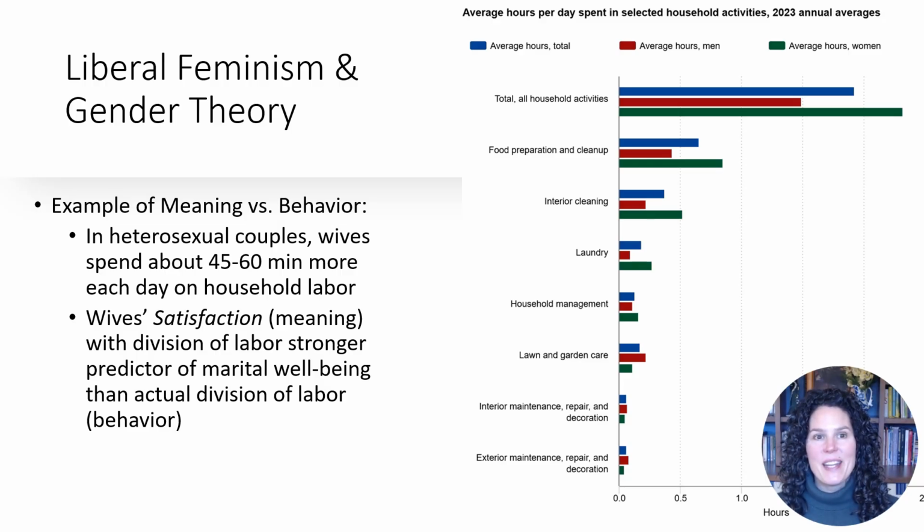Another example of the differences between meaning and behavior is that in heterosexual couples, wives are still spending more time on household labor, but wives' satisfaction, or the meaning that they make about household labor, is a stronger predictor of their marital well-being than the actual division of labor. So it's again that idea that perception or meaning matters more than reality or objective behaviors.